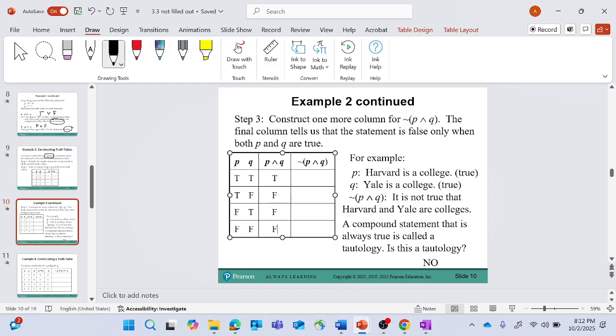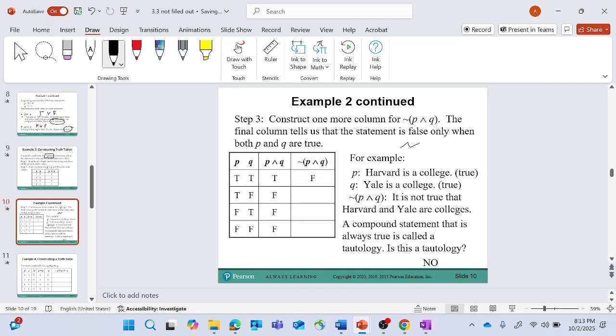Remember, the not version flips its truth value. So if P and Q is true, the not version of that is going to be false. Make sense, guys? So it's the not version of it, so you reverse its truth value. The not, the squiggly line, really just means not. It means you're going to reverse its truth value.